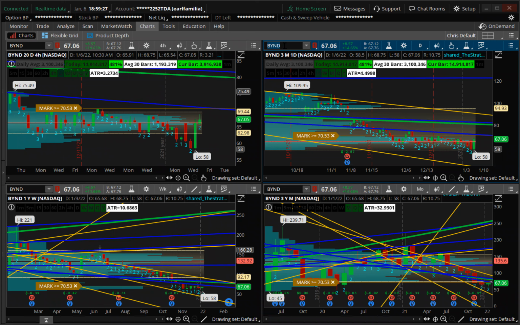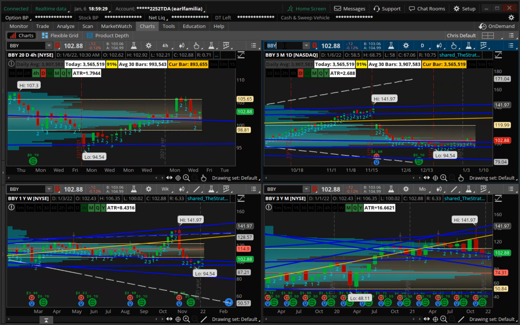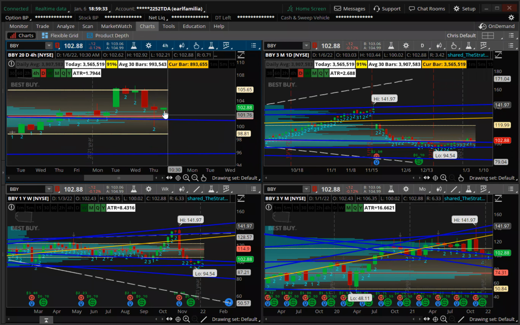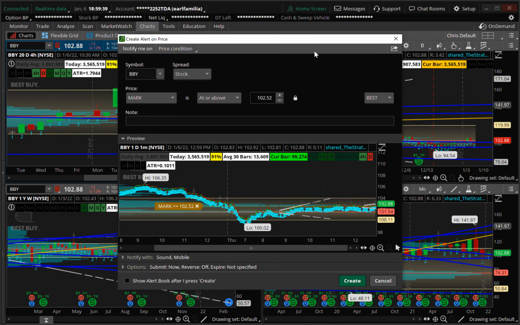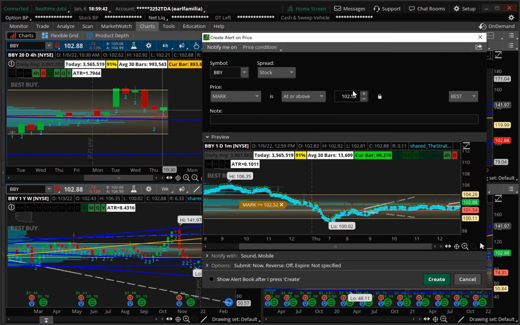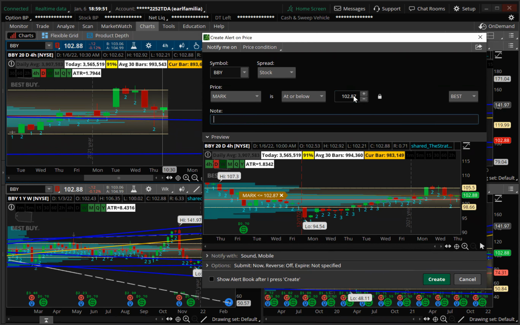BBY. Oh, Investing put one for BBY. Yeah. Okay. Look at that hammer on the 4 hour. We like that. We like those. 102.92. It's gapping up too.